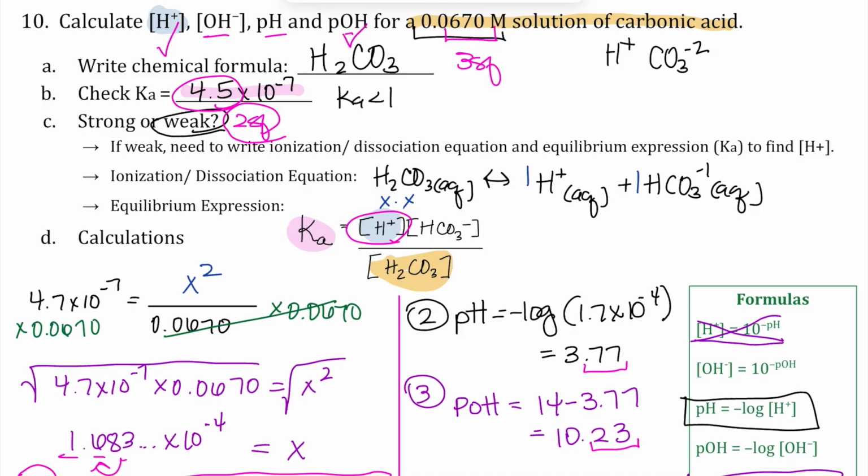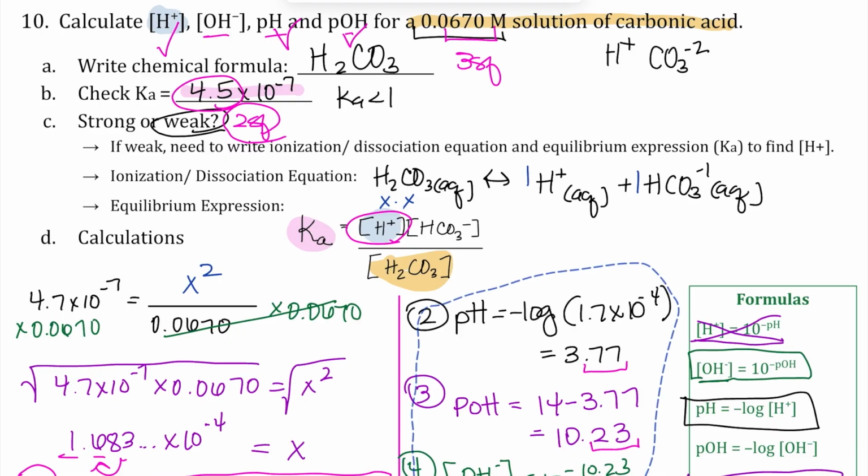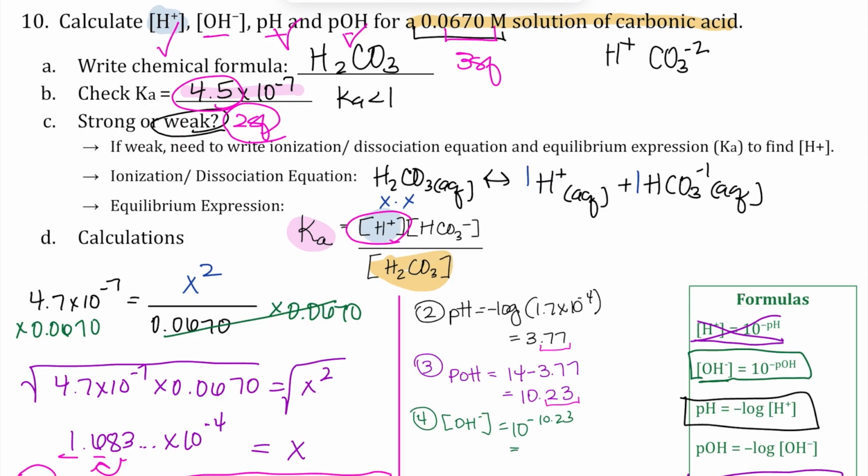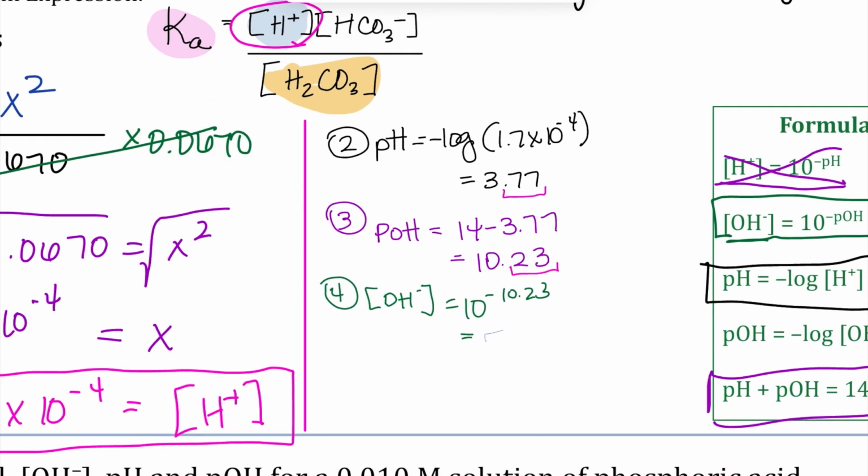So then I found my pOH, I found pH, so now to find that OH concentration, I'm going to go 10 to the negative 10.23 to get that OH concentration. When I plug that in my calculator, I get 5.9 times 10 to the negative 11.